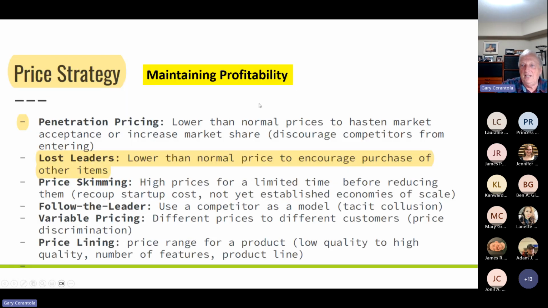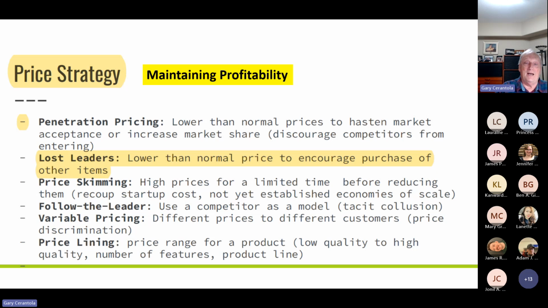Okay, and maintaining profitability, you should know something about loss leaders. That's a lower than normal price to encourage purchase of other items. Let's take grocery stores. They'll say, all right, what we're going to offer is a premium loaf of bread for 25 cents.